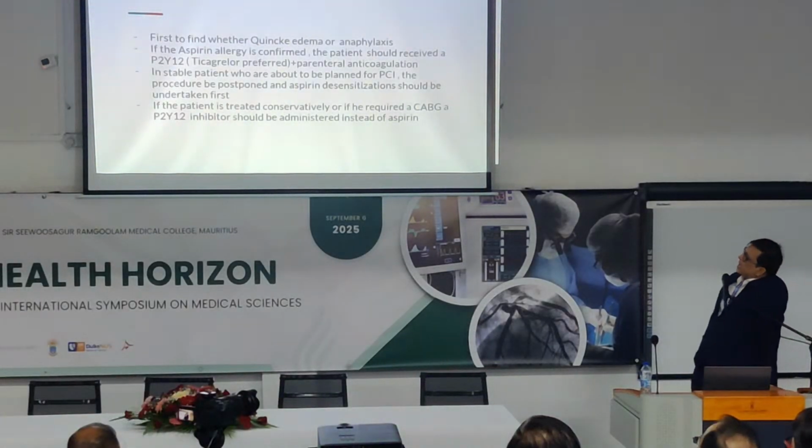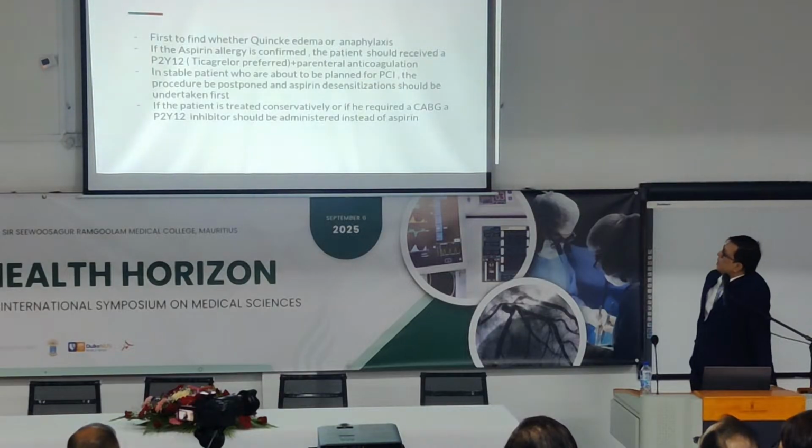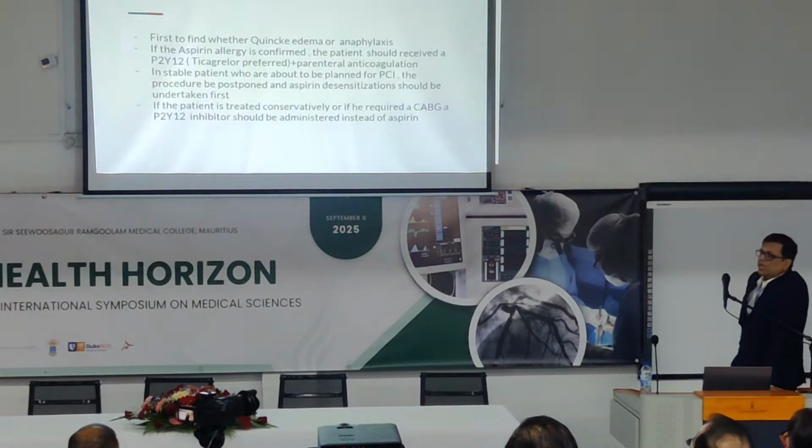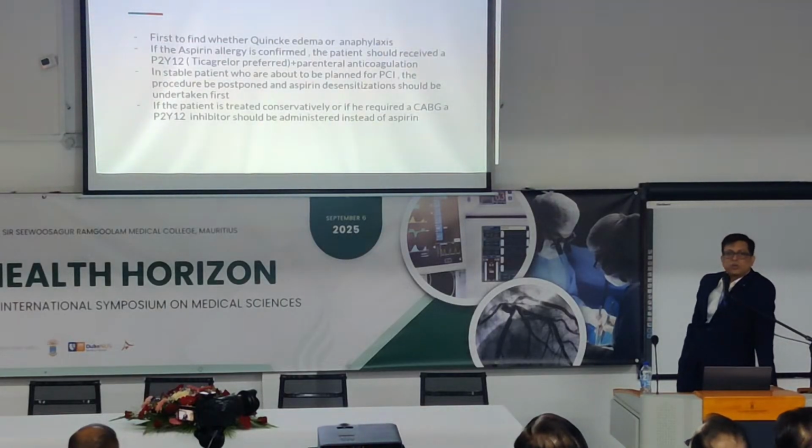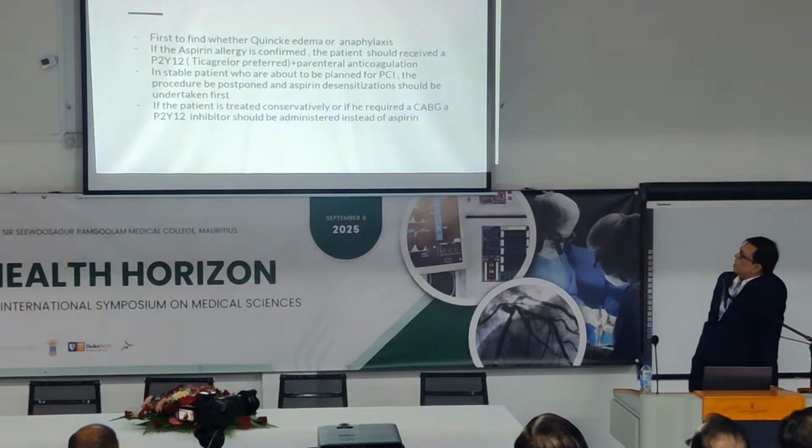If the aspirin allergy is confirmed, of course for that time you have to continue the other antiplatelet, a P2Y12 inhibitor, preferably ticagrelor, which is potent, and may give a short course of parenteral anticoagulation.